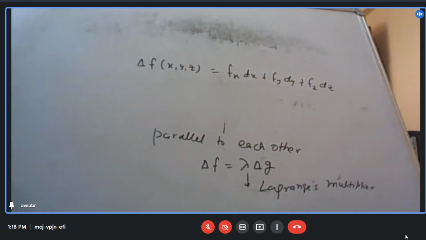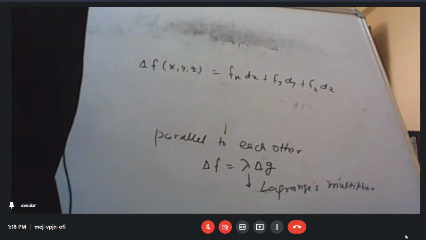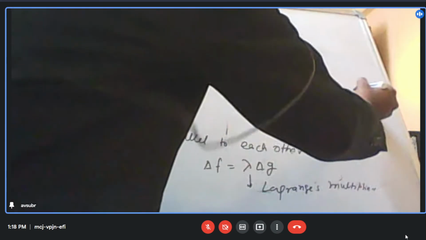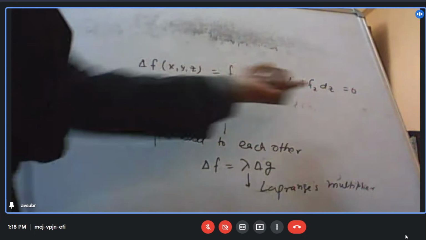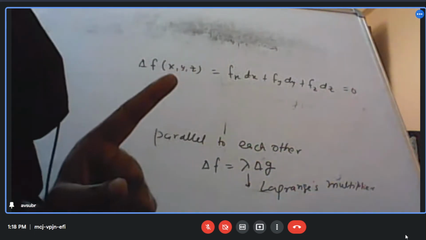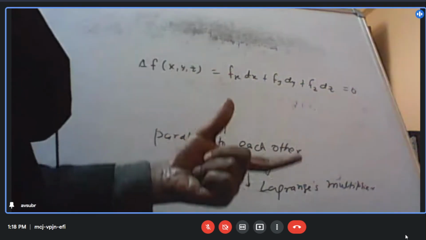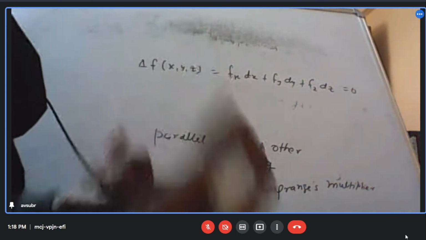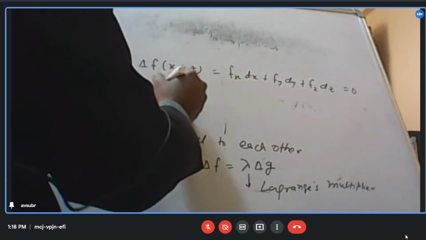Right. That is constant, so this is equal to 0. Because f was constant, so what will its derivative be? 0.